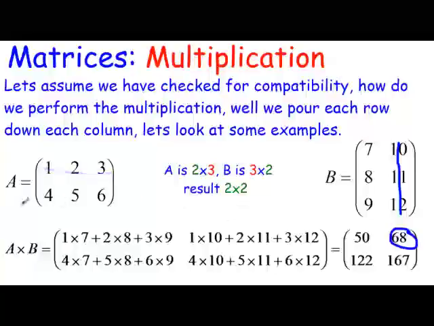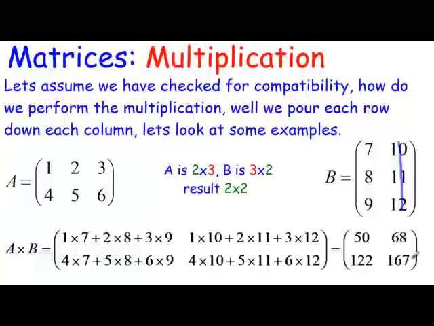Now, let's start on the next pour, which is row 2. I'm going to pour row 2 down column 1 and then column 2, and that's going to give me row 2, column 1's answer and row 2, column 2's answer, 167. So let's actually do this.